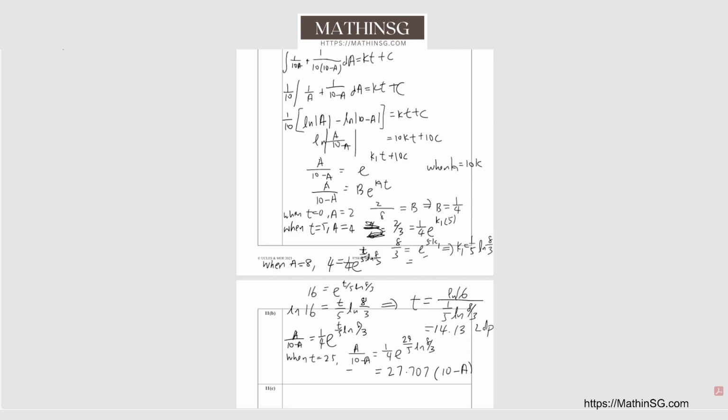So this is A. So I know that 27.707 times 10 is equal to 1 plus 27.707 A. So solving for A, I'll get A equals 9.65 when rounded off to 2 decimal places. So that's for part B.